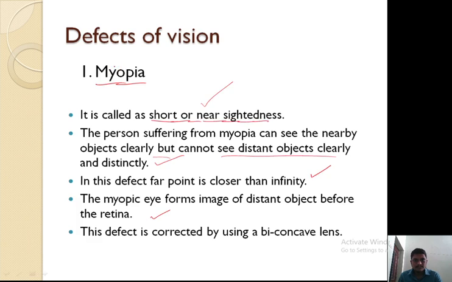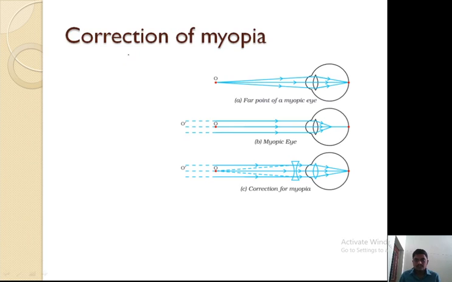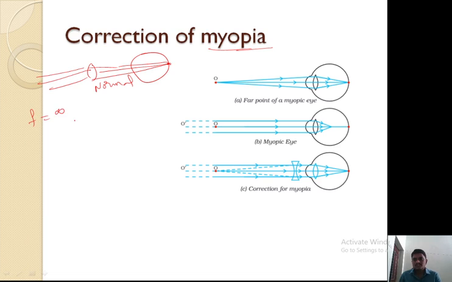For a normal eye, even though the object is at infinity, it forms the image on the retina. But in the case of a myopic eye, the far point differs. For a normal eye, the far point is at infinity, even though the object is at a long distance, a distant object. The light rays are almost parallel when the object is at infinity, so even though the object is at infinity, it forms the image correctly on the retina.